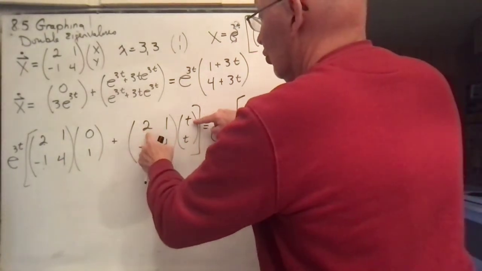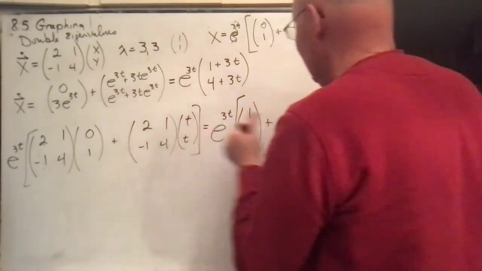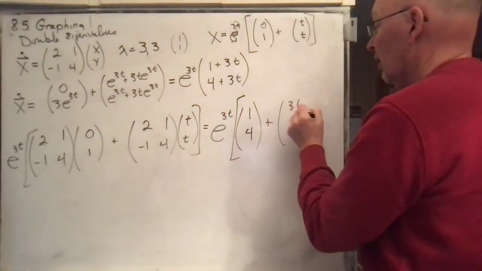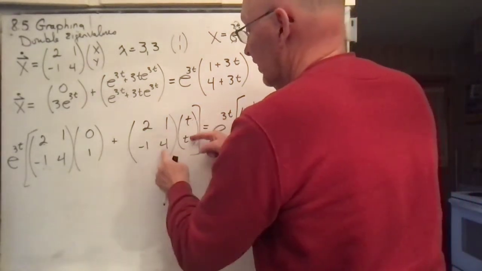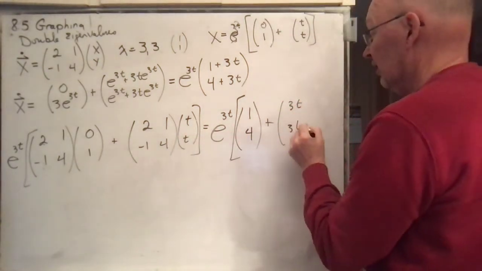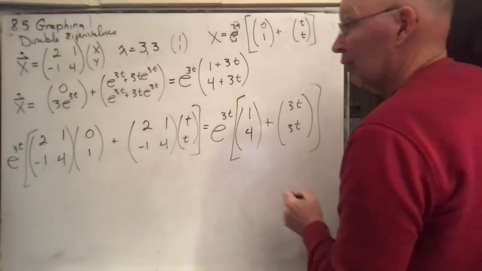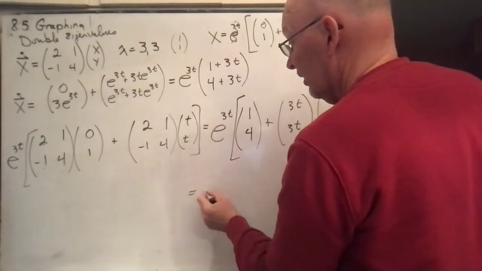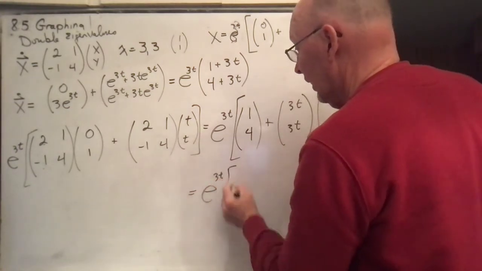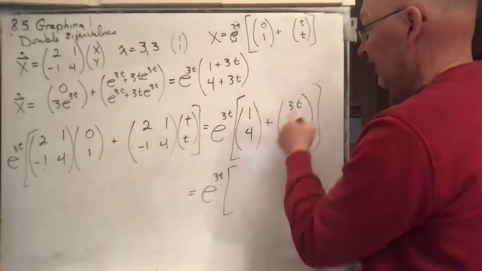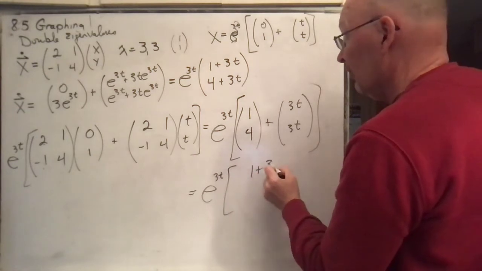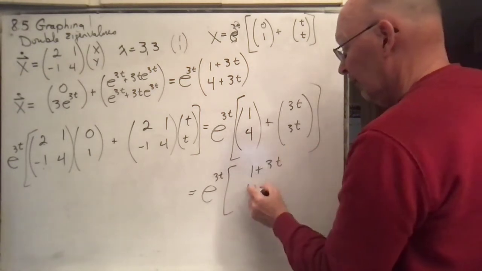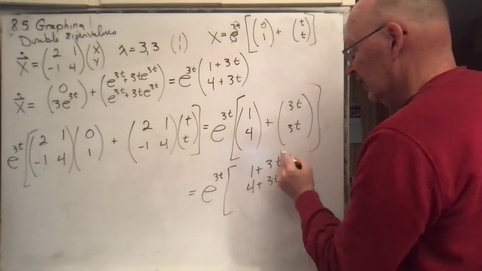I'm going to get 2t plus 1t is 3t. And here I'm going to get negative t plus 4t is 3t. So notice here, I get e to the 3t times, if I add these together, 1 plus 3t. And add these together, I'm going to get 4 plus 3t.